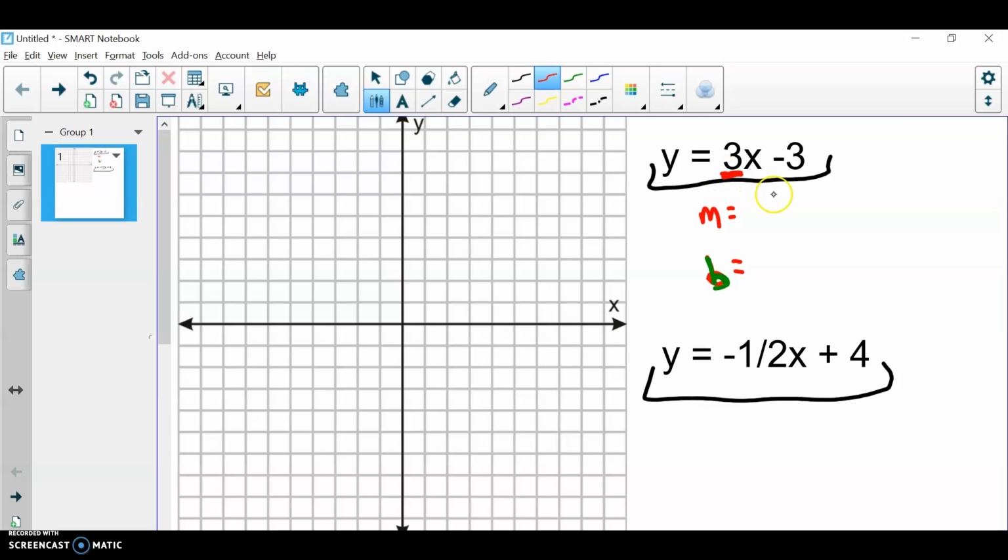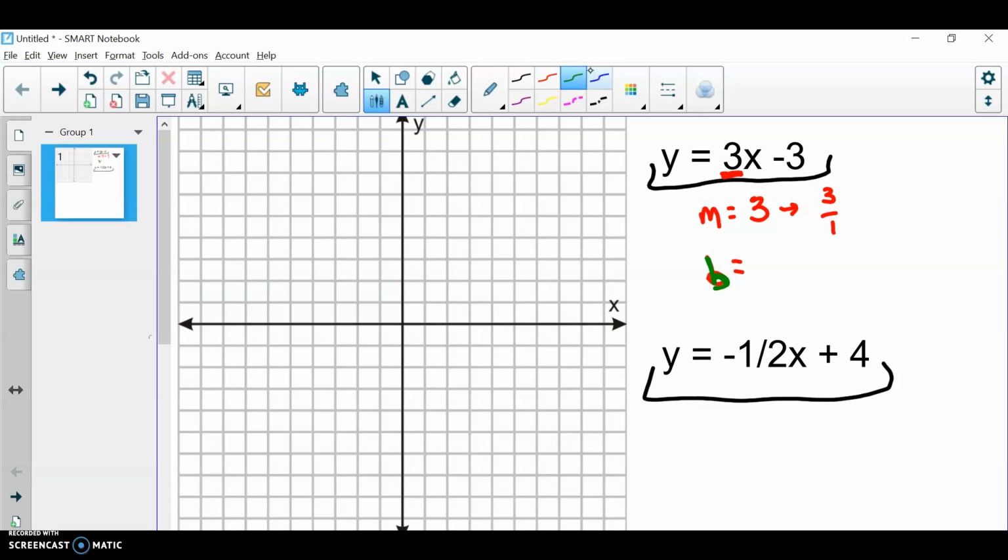So in this case, 3 is our slope. Since this is not a fraction right now, I'm going to take that 3 and put a 1 under it to make it a fraction. And I'll explain why I did that in a little bit.